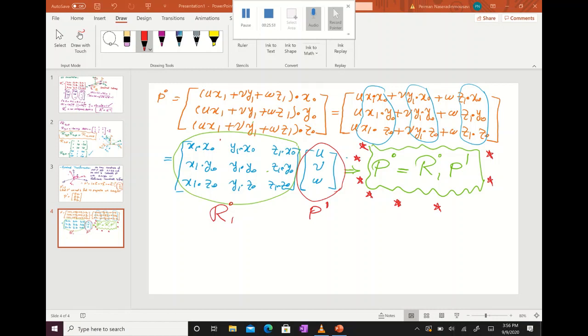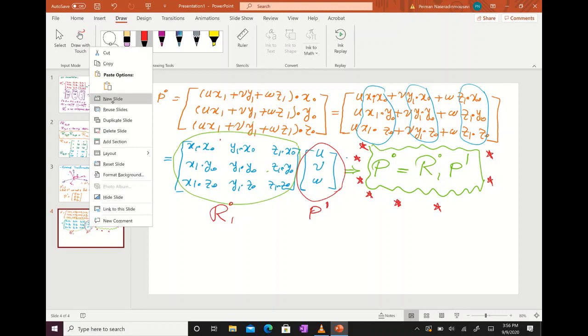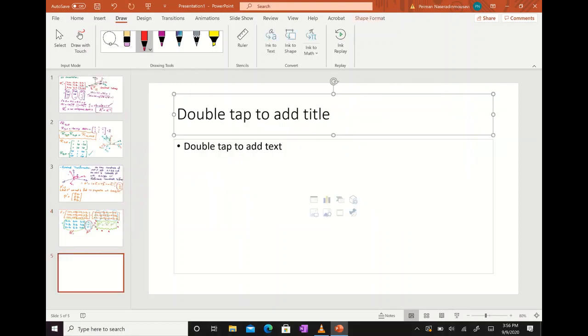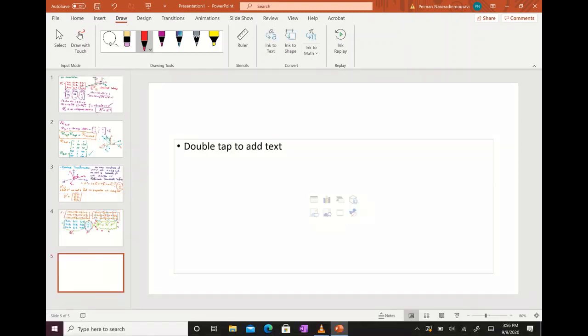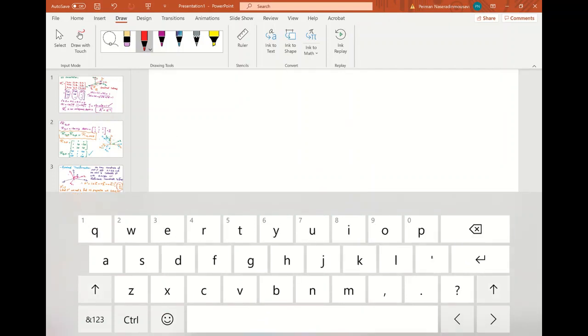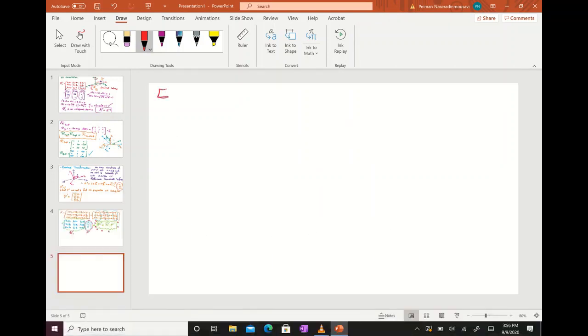Okay, so now let me have an example of what we did. Suppose we know this vector, I name it V0, meaning a point in space. You get here, guys?